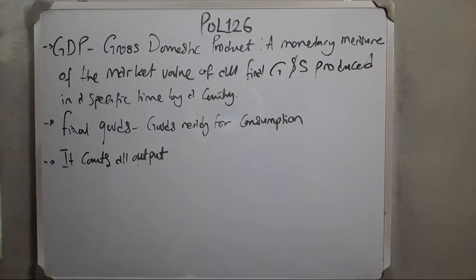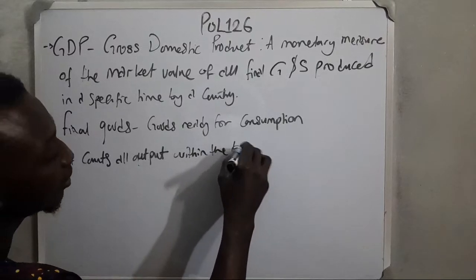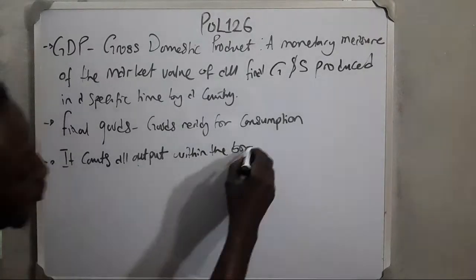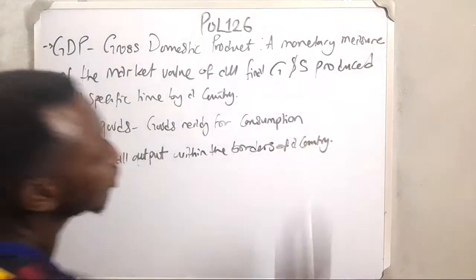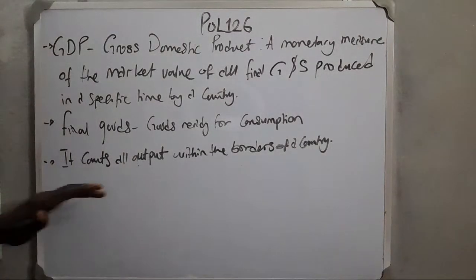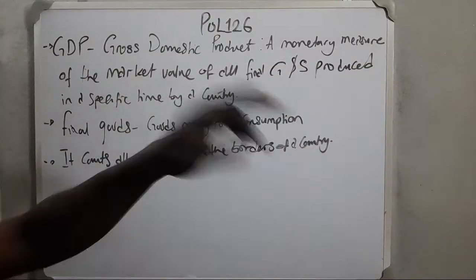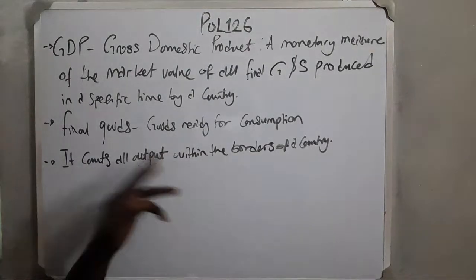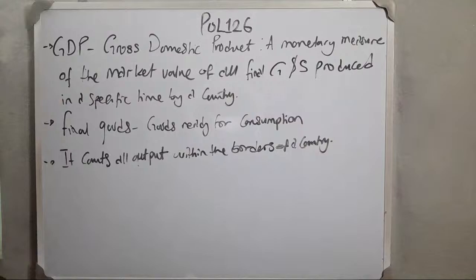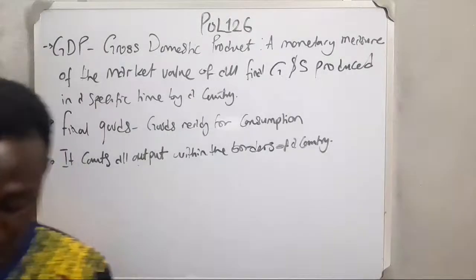Final goods, outputs, these are all the same thing. It doesn't include external output; it's only within the borders of a country.